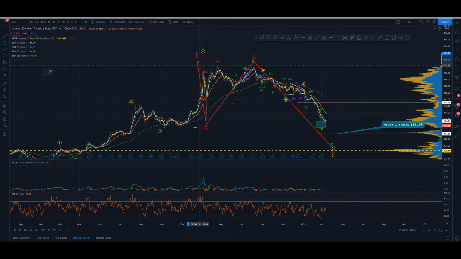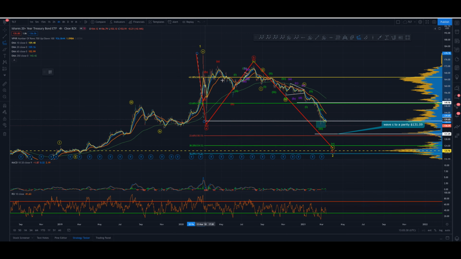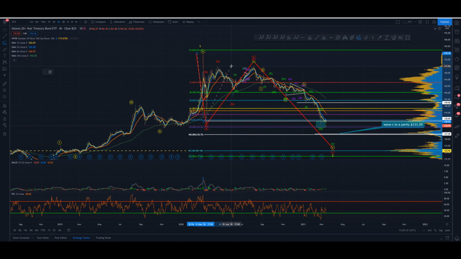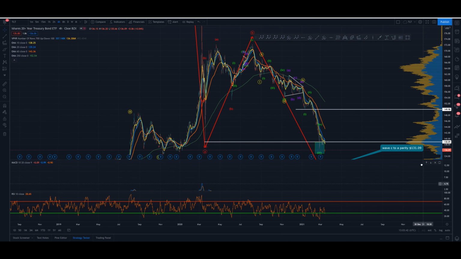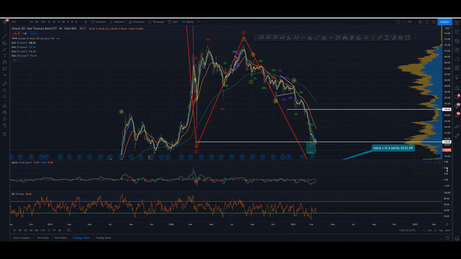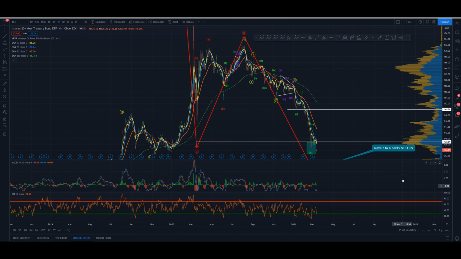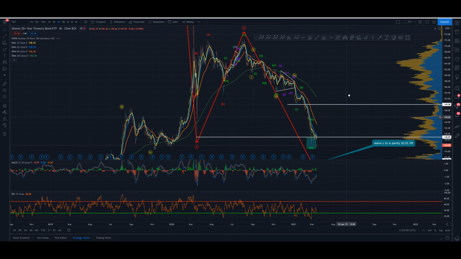I am expecting it to go to 1-to-1 parity, which is why we put it on the chart. So here we are, 1-to-1 parity, wave C parity to A at 131.09. Even though I'm surprised by the levels that bond yields are reaching in the 10-year, from a technical analysis, which is what I focus on, I'm still expecting it to go lower.